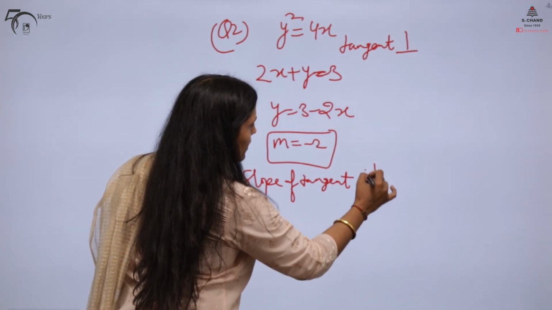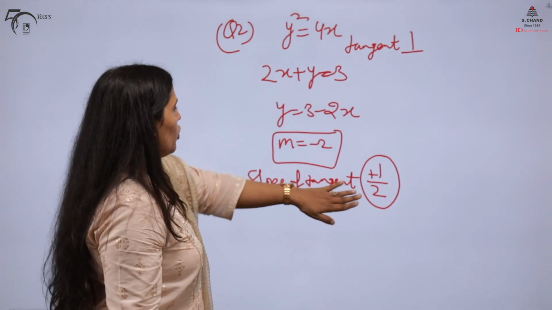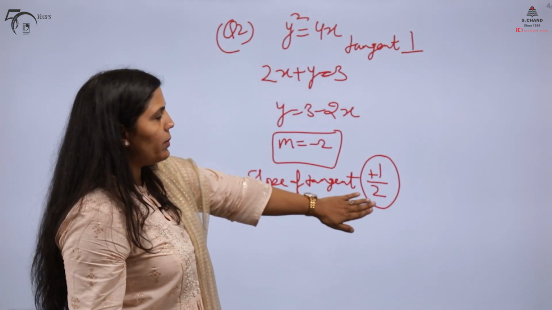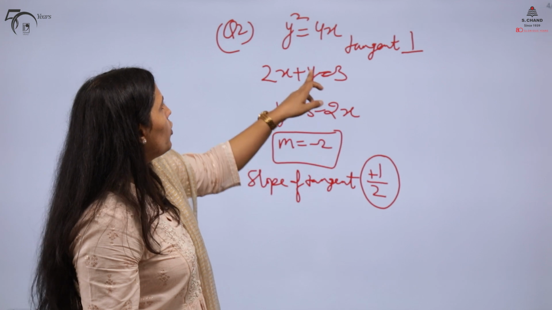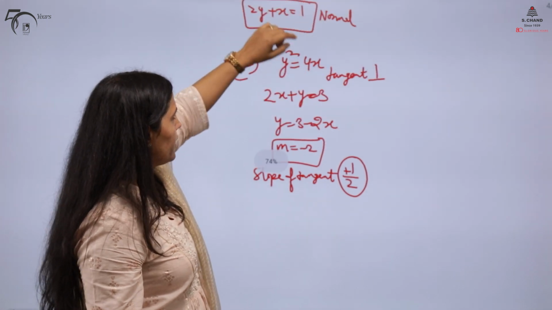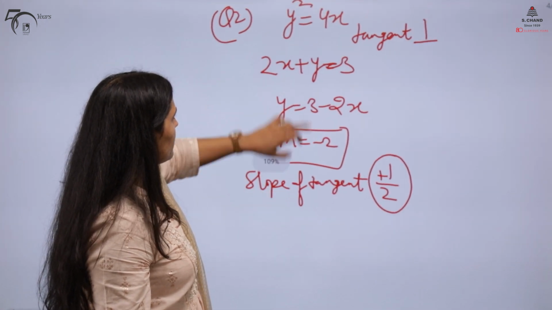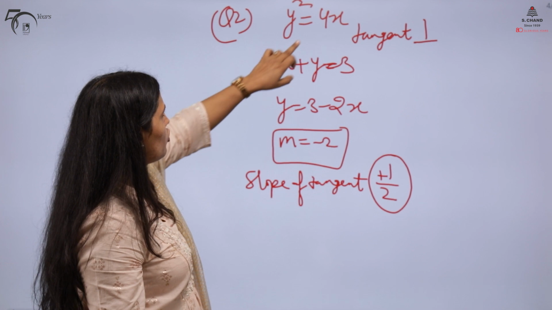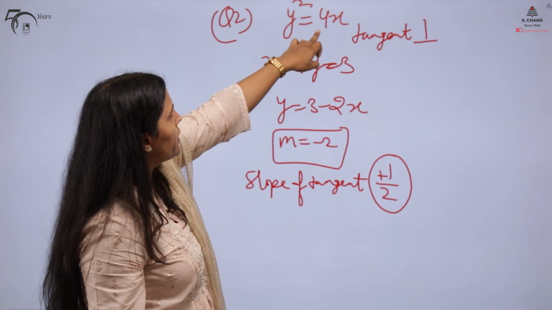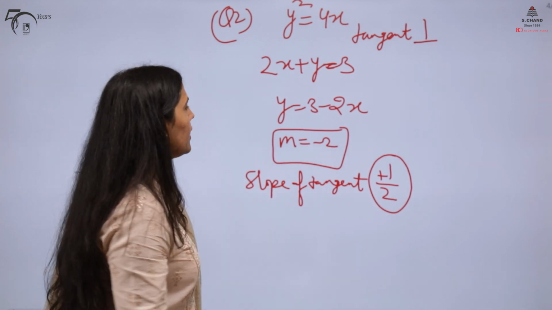This is how we consider it whenever lines are perpendicular. If such a question comes, you take the slope like this, then take the derivative from the curve equation and compare the slope, put in the value, and you will get the answer.